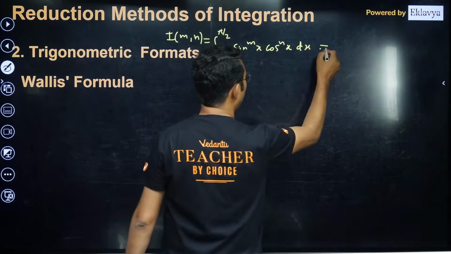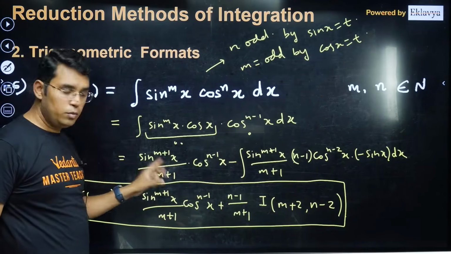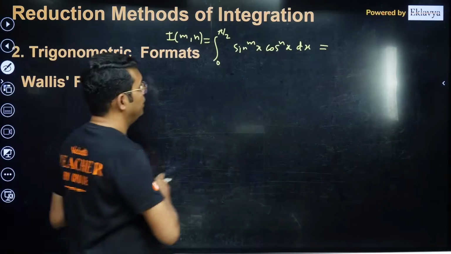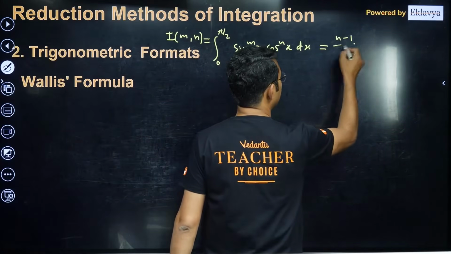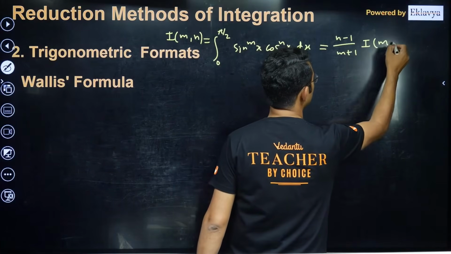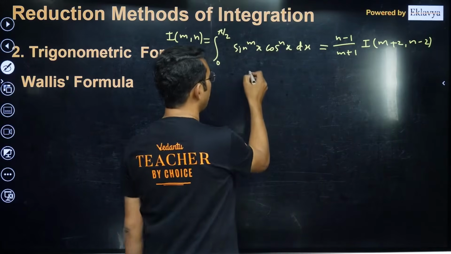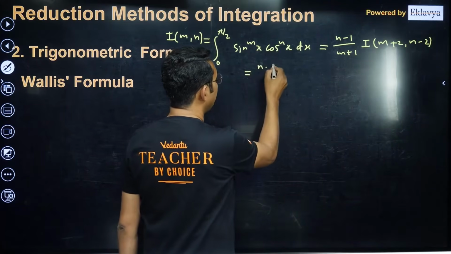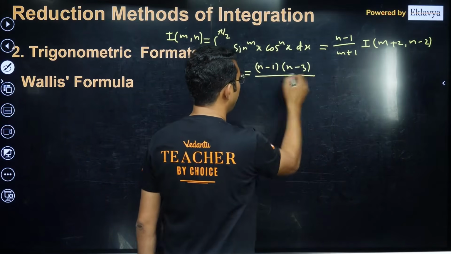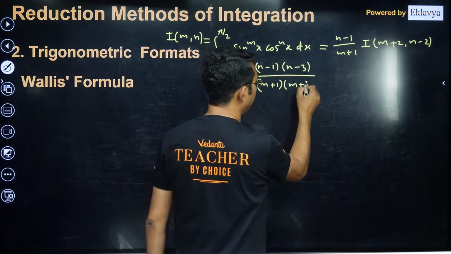Now if I put 0 to pi by 2, you can see this will again be 0. So here we will have n minus 1 in the numerator, m plus 1 in the denominator, I m plus 2 n minus 2. Once again if I do the same thing, this will become n minus 1 and then n minus 3, whereas in the denominator it will be m plus 1 and m plus 3.